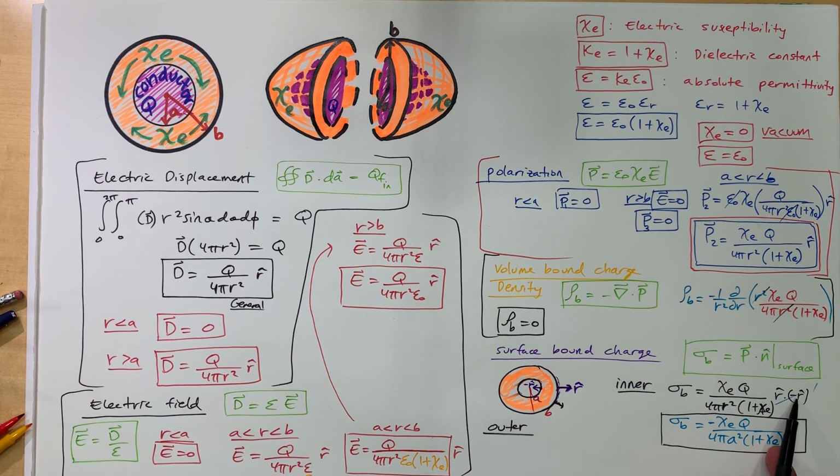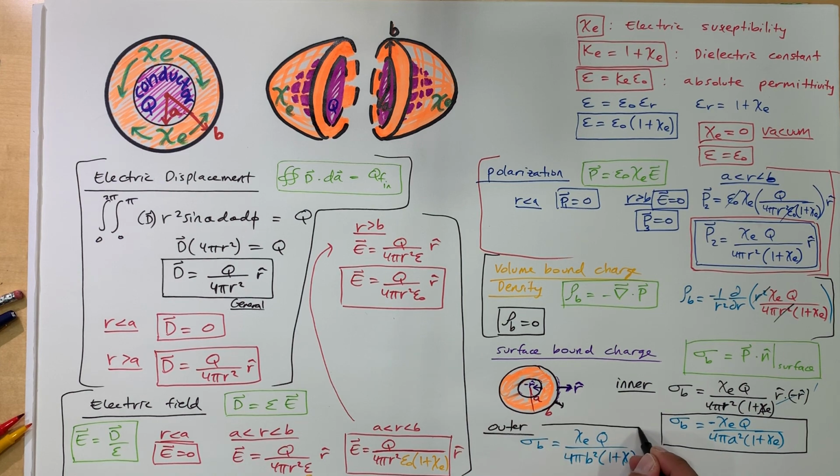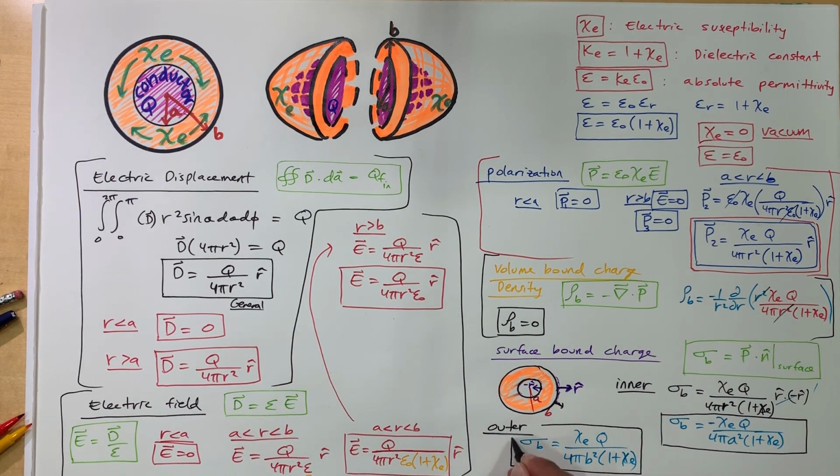And instead of negative r hat, we just have regular r hat, so it stays positive. So the surface bound charge of the outer is going to be chi e q over 4 pi b squared times 1 plus chi e.